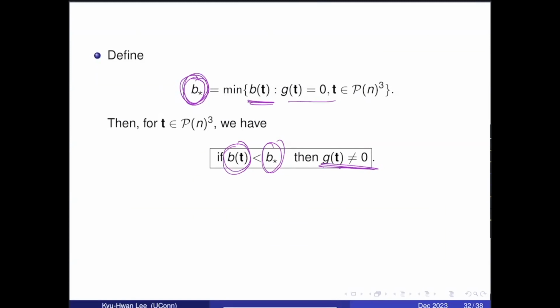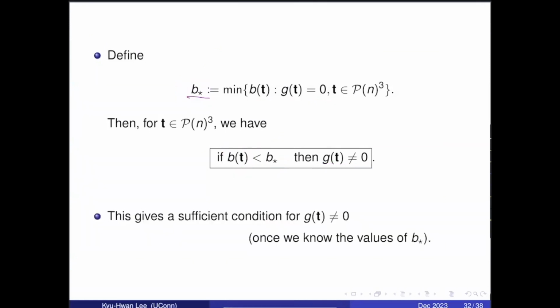Once we know the value of B star, we obtain a sufficient condition for the Kronecker coefficient being non-zero.